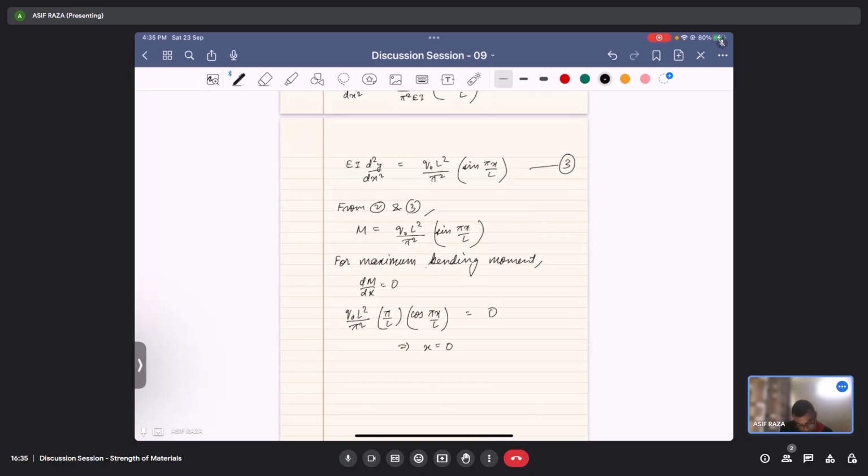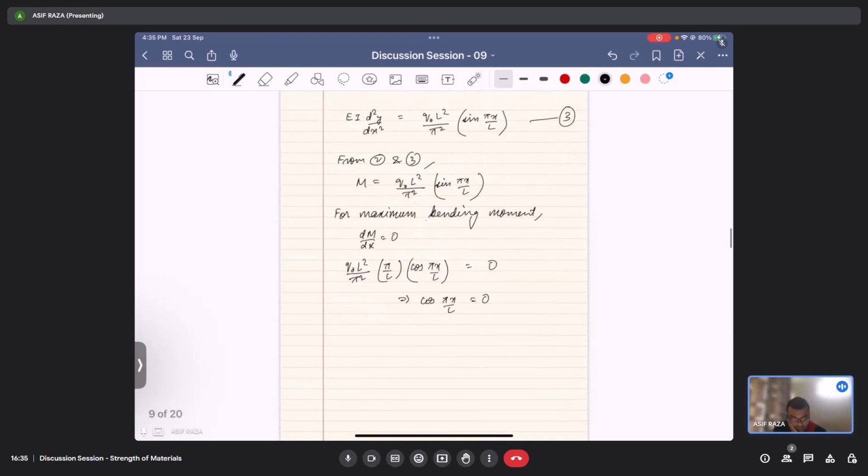So this would give me cos pi x by L equal to 0, and this would be 0 when pi x by L is equal to pi by 2.